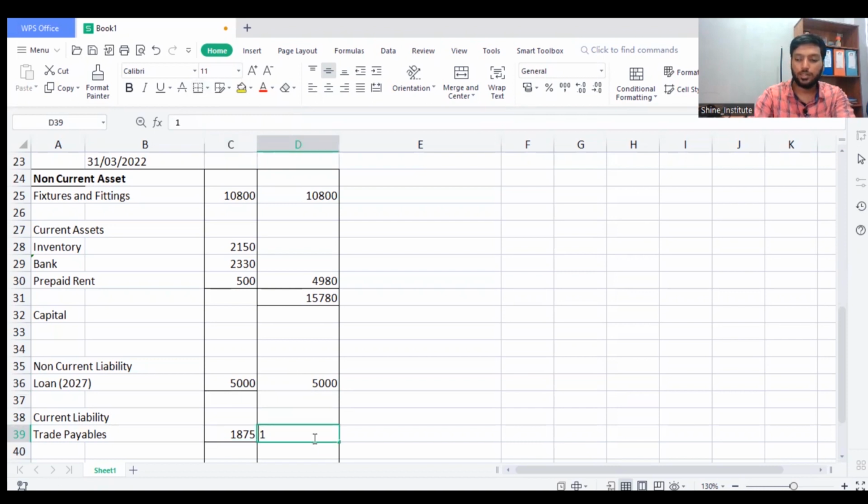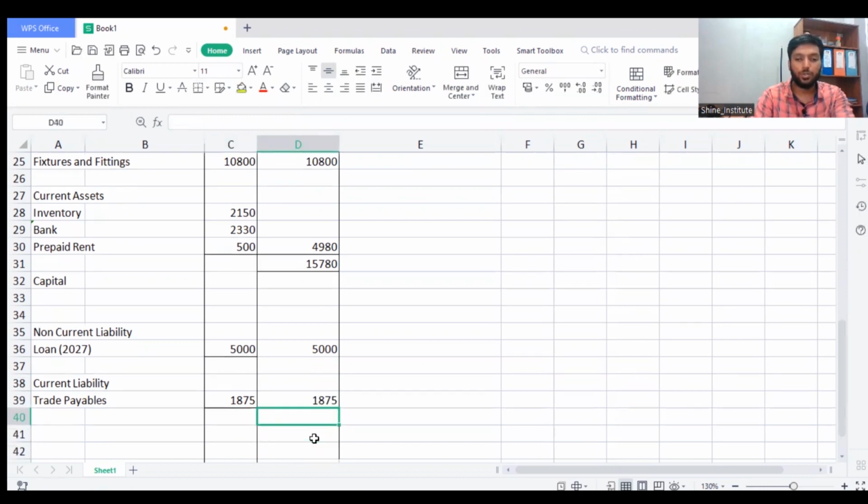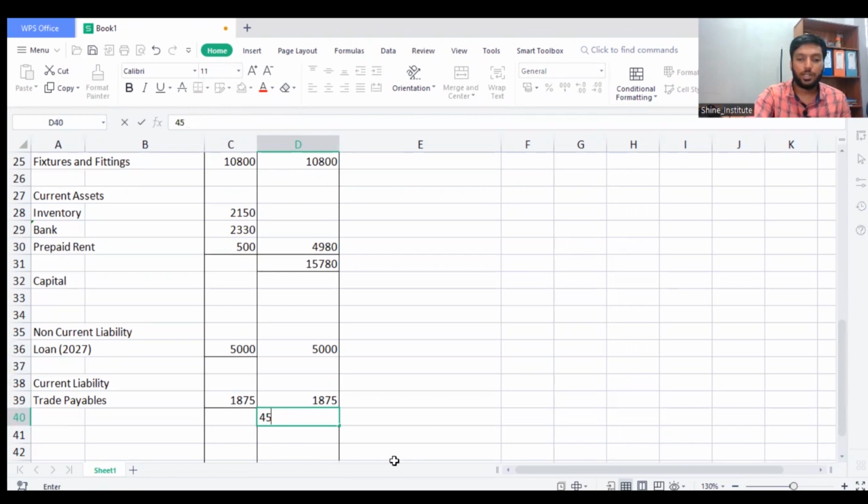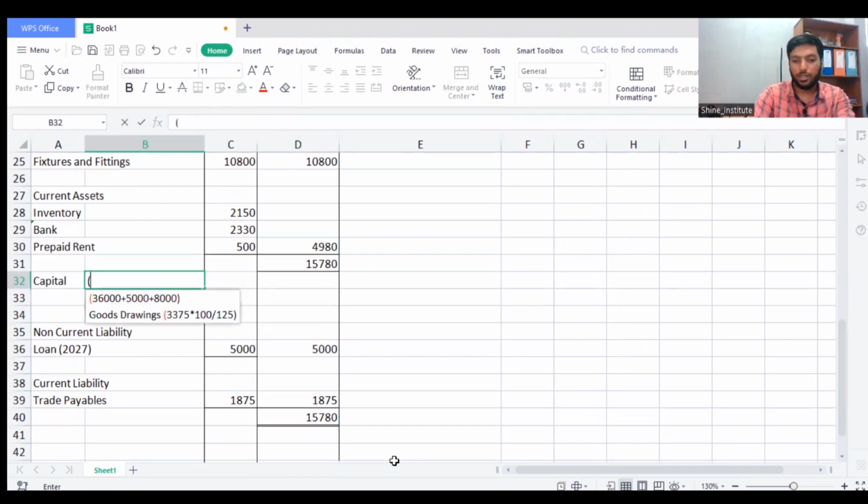So that was so quick. So we calculated. Now we also bring the same value 15,780, because total assets are going to be equal to capital plus total liabilities. So I'm going to take 15,780 and deduct the balances to get the value of capital. So here I can show how I took this. I'm going to take 15,780 and deduct 1,875 and 5,000.